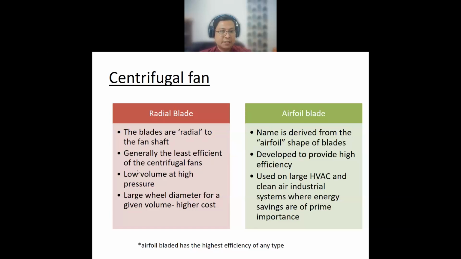In performance, the airfoil is generally more efficient, developed to provide high efficiency. The radial blade is low volume at high pressure. The airfoil blade is used for large hatchback and clean air industrial systems. Same thing with backward and forward blades. So you can choose based on the client requirement.